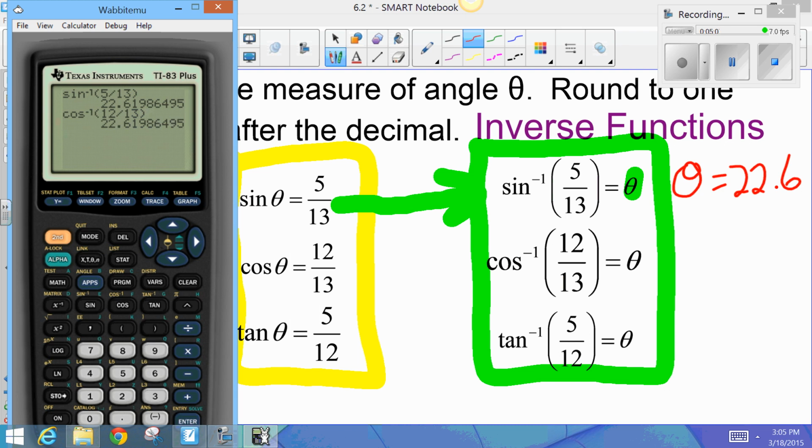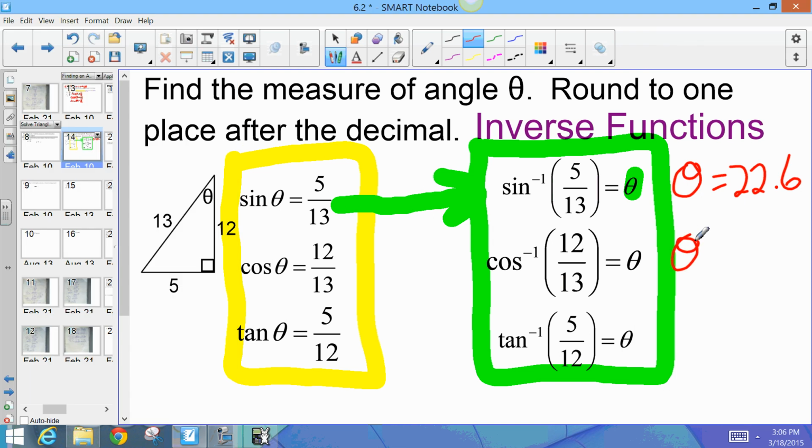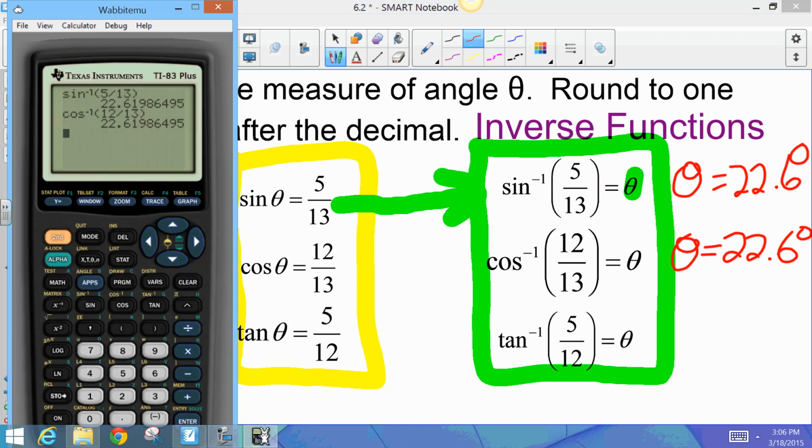It's 22.6 degrees. So theta equals 22.6 degrees. All right, how about tangent? I'm going to go inverse tangent of 5 divided by 12, which is 22.6 degrees.